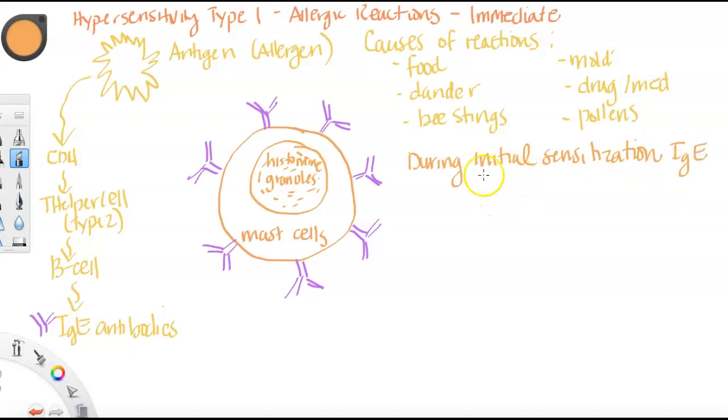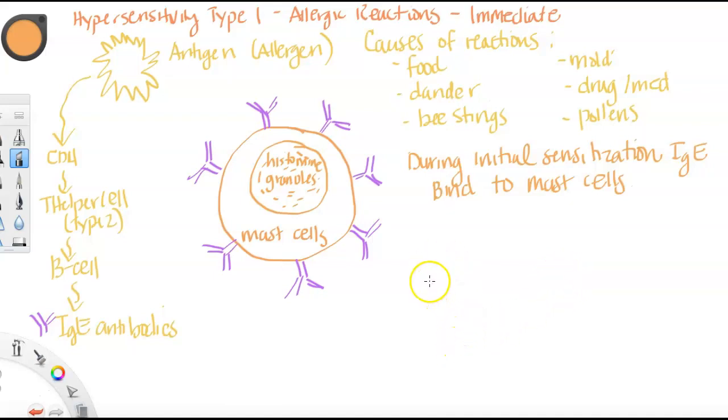So IgE antibodies bind to mast cells. All right, so that's the first exposure. All right, you're getting sensitized. The next exposure is going to be worse. You're going to have reactions there, and every exposure beyond that will generally get worse.